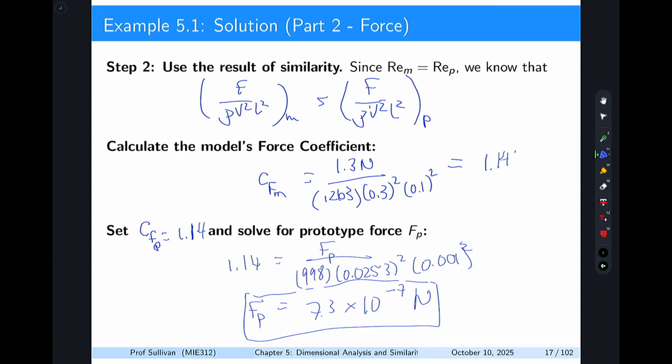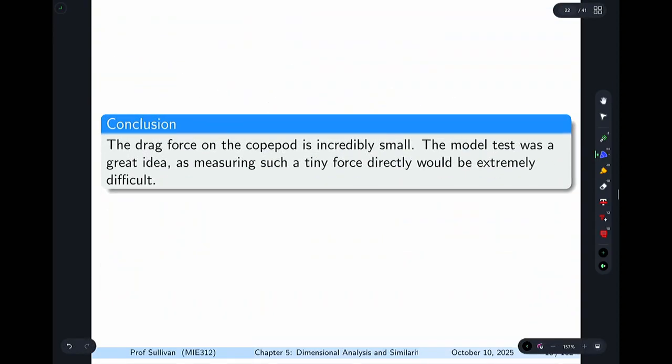Any questions on this one? So just beating into that same point, I can't measure 10 to the minus 7th newtons. I can measure 1.3. And so if I can, then I'm better off, and I will get a decent result out of this.